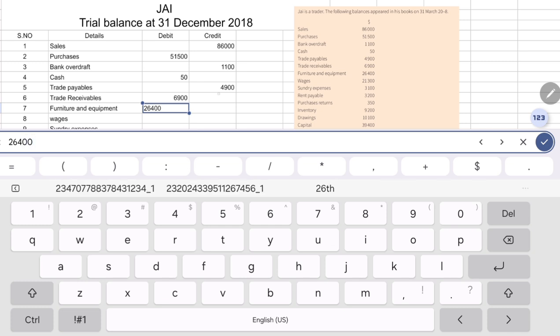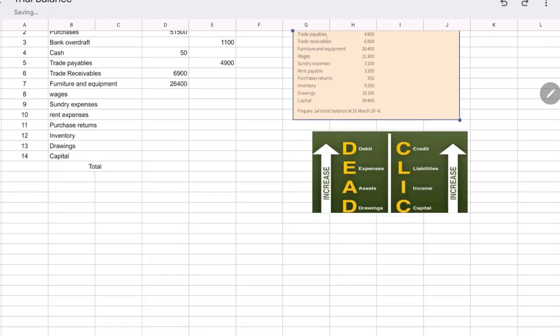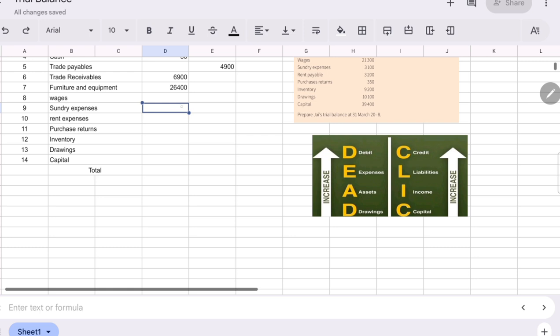Next item is wages, sundry expenses and rent. This is a typing mistake. This is rent expenses, not rent payable. So wages, sundry expenses and rent expenses are expenses, so they will be debited in the trial balance. So here we can enter the amount.